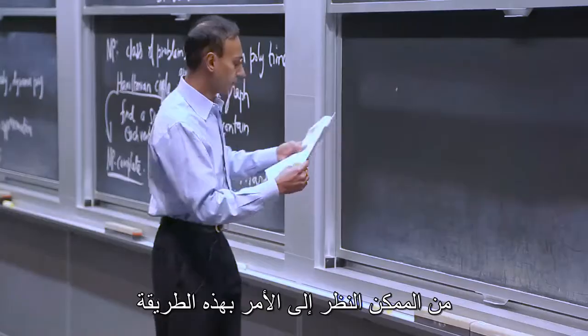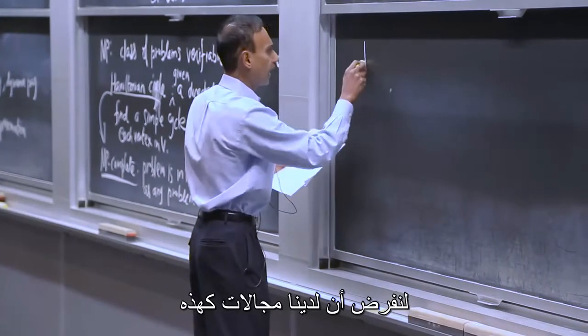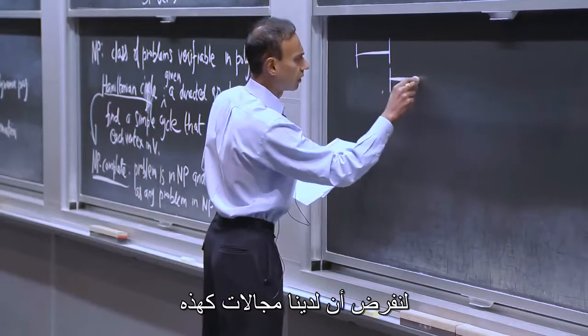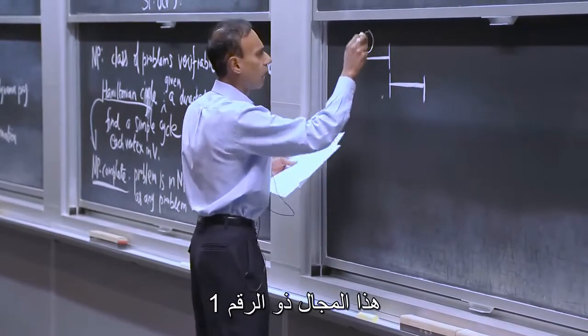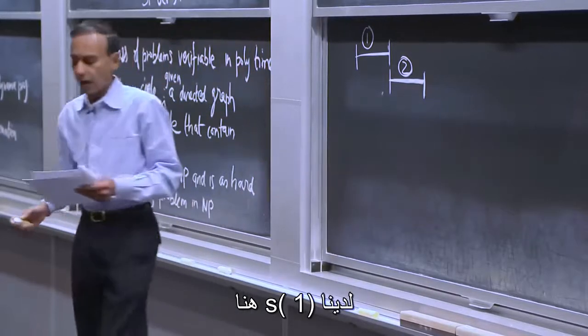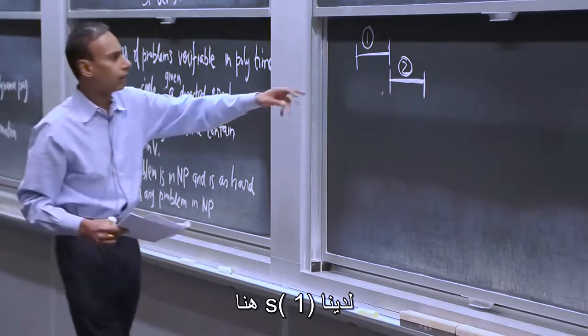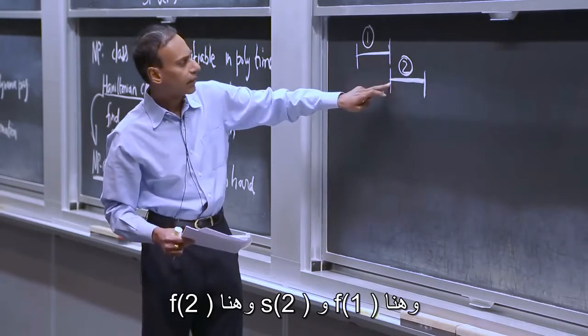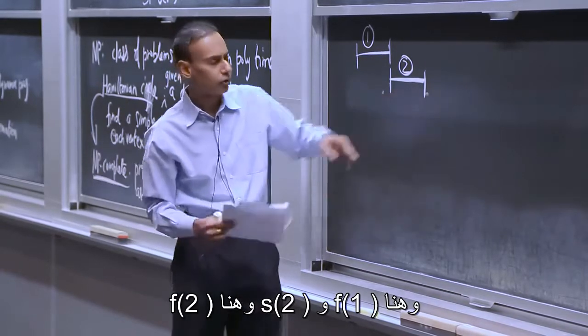you could look at it this way. Let's say I have intervals like this. So this is interval number 1, that's interval number 2. Right here, I have S of 1 out here, F of 1 out here, S of 2 out here, and F of 2 out here.